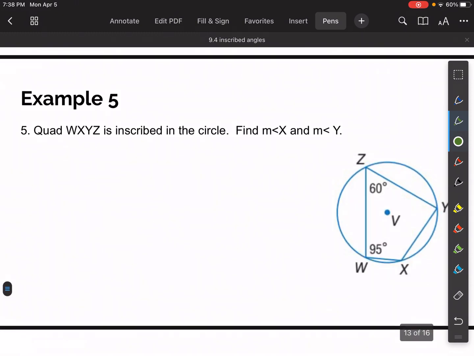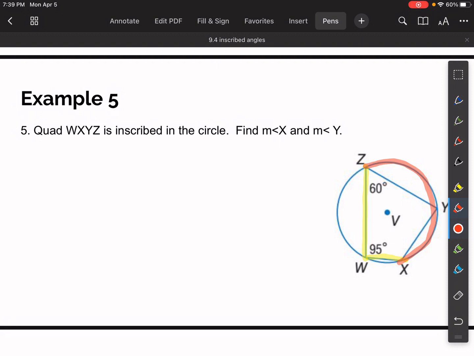For example 5, it says quadrilateral WXYZ is inscribed inside the circle. Find the measure of angle X and the measure of angle Y. Again, if we look at angle W, it's this piece right here, and that forms the arc ZX.